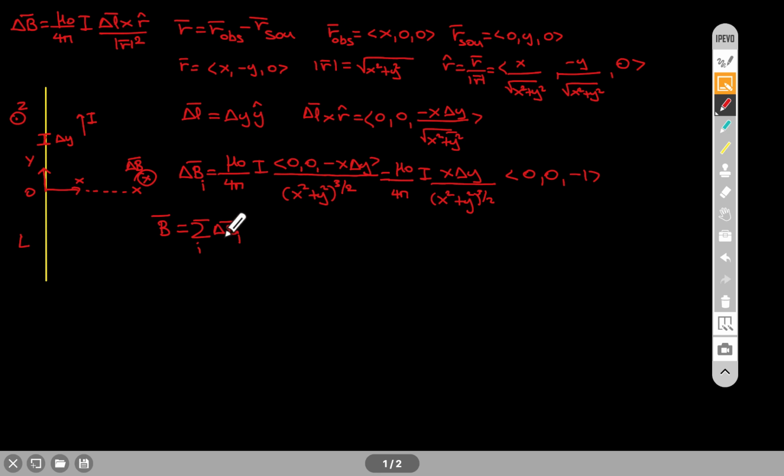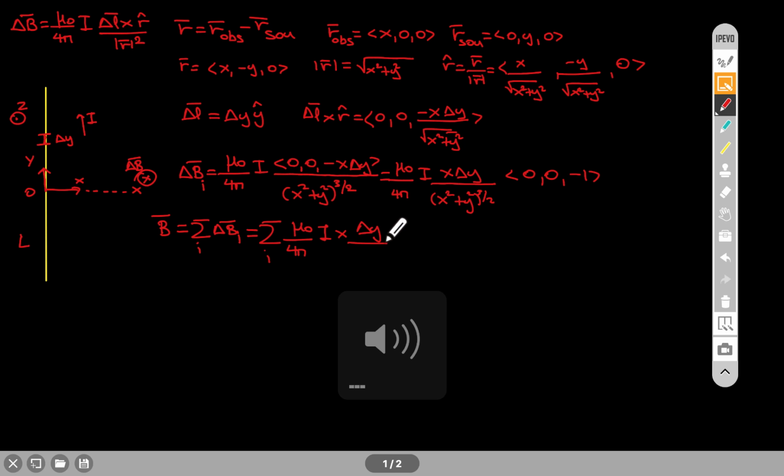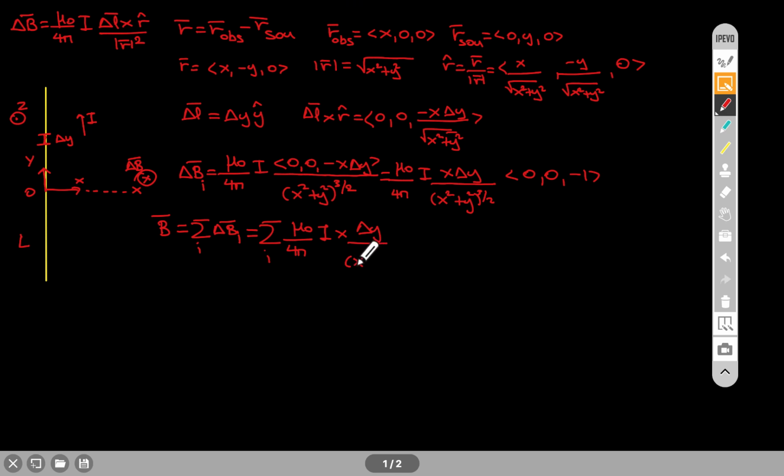So it's the sum over delta B_i, and this means I need to add the constant, I'm just rewriting this I x, this will be the delta y, and I keep the direction.